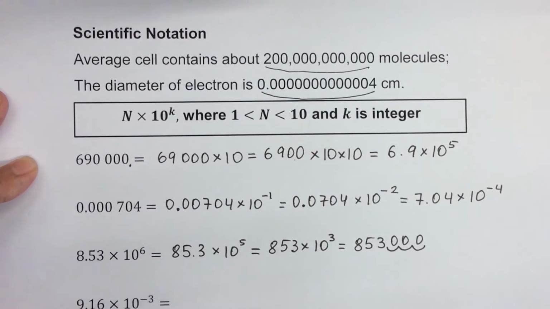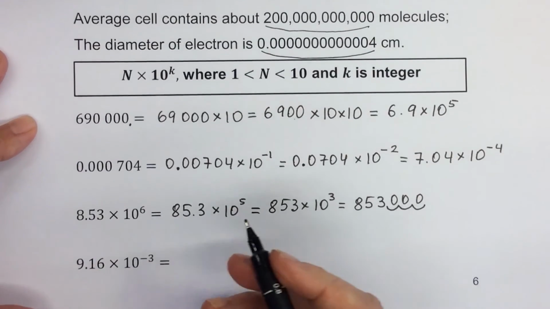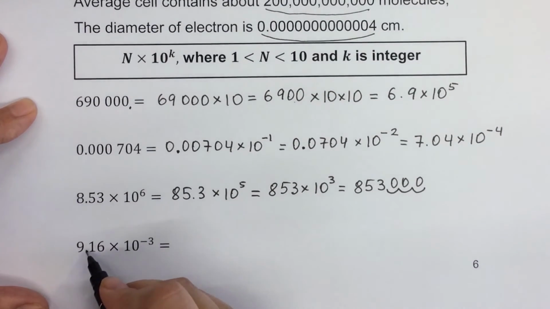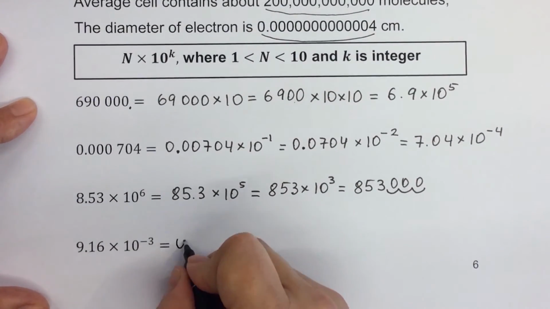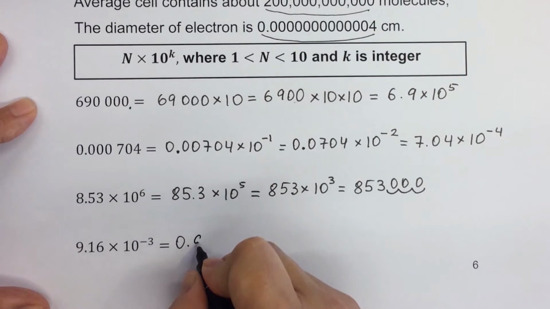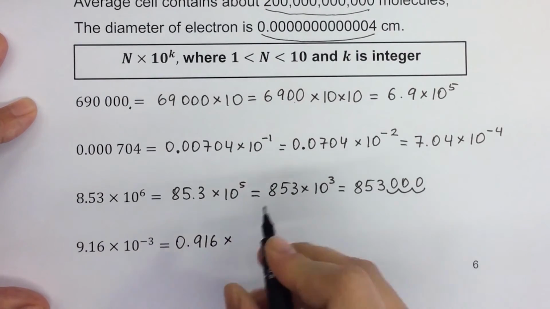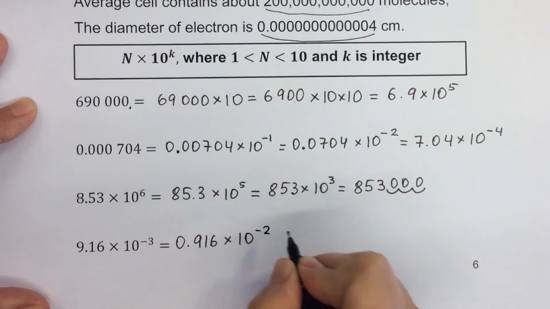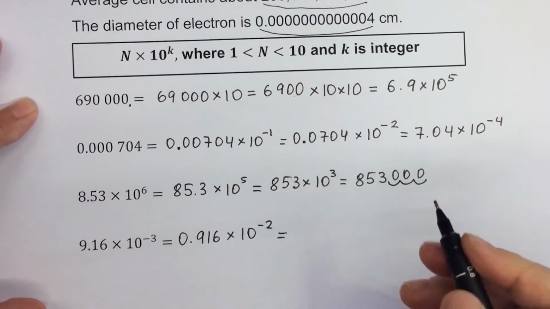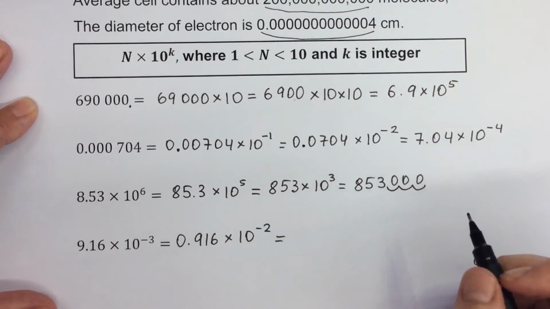Similarly, when we have negative powers, we'll be moving our decimal point to the left. Okay, let's move it just 1 place to the left. So it would be 0.916 times 10 to the power minus 2. We used one of the negative tens.